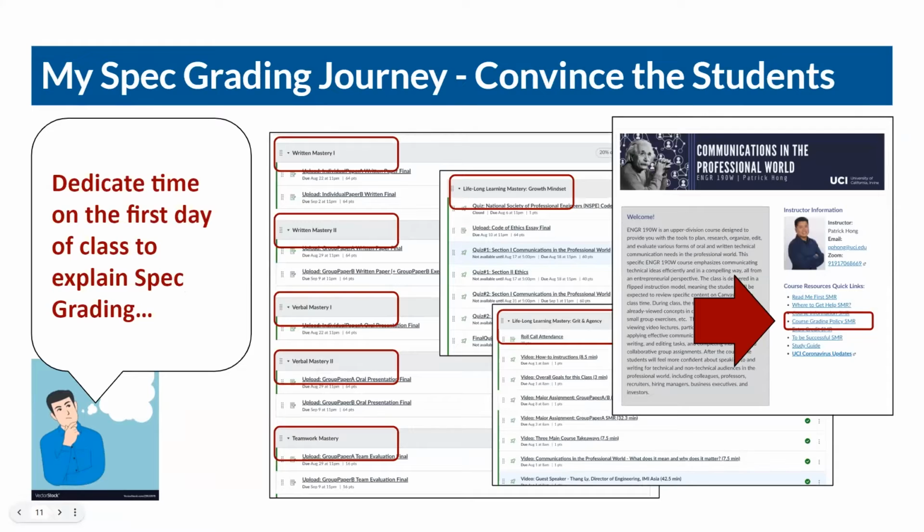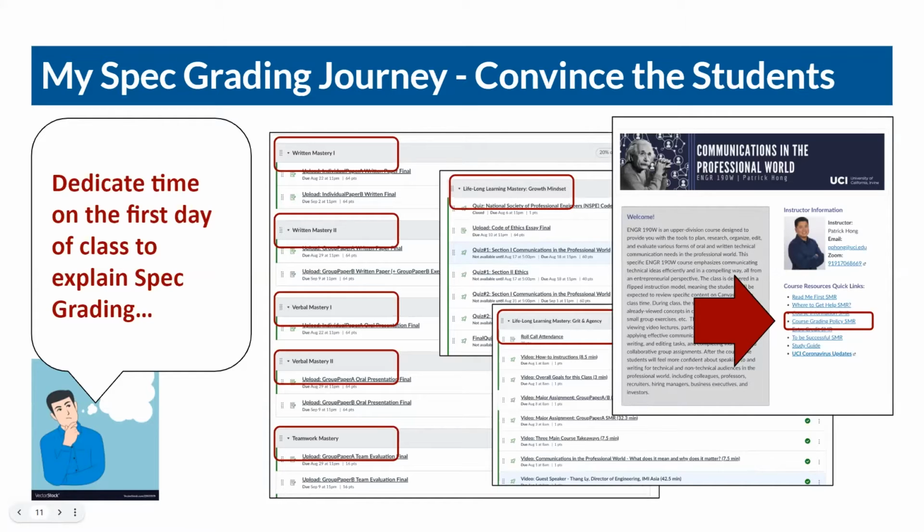So what I try to do, with the notion of being transparent to the student, just like what I'm going to do with spec grading, is be very specific and explicit about how the students are scored. On the first day, as we all do, I talk about the syllabus, how we grade. So instead of focusing on this assignment being worth X percentage, I actually spend a lot of time talking about the mastery.